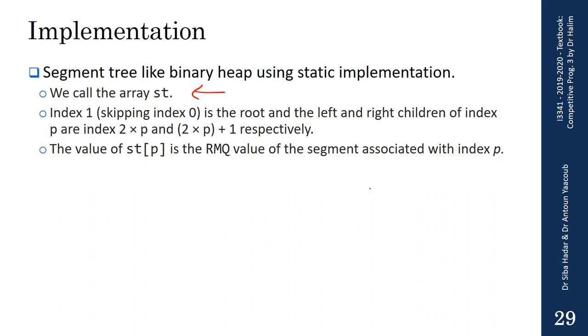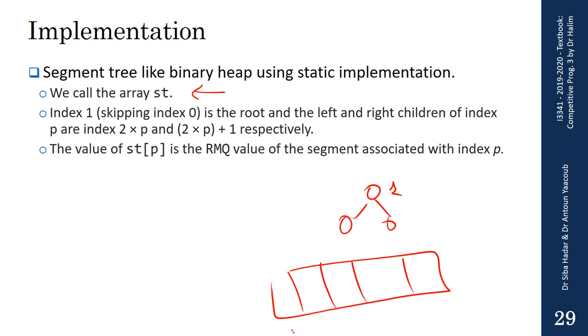If we have a tree like this, where a is at index 1, then its children b and c are at 2i and 2i plus 1. Maybe you remember that, or you need to review last year's course.